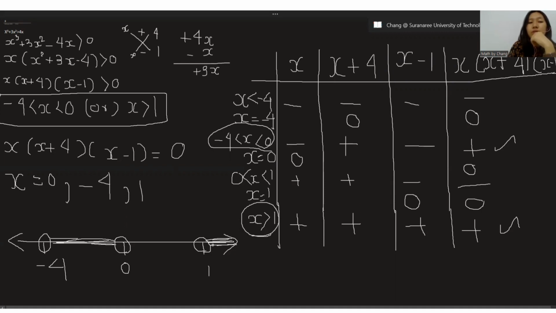So how about with interval notation? All right, as x is greater than -4, or x is within -4 and 0, there is no equality sign, so you don't need to fill in the circle here. So you have to use round brackets, union 1, comma, and at the right side you can say plus infinity.